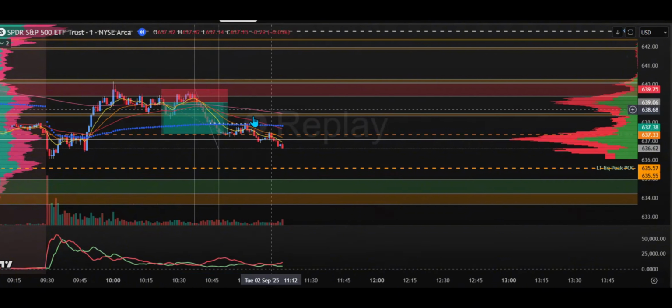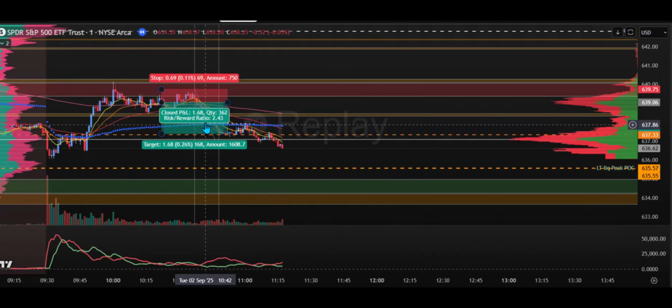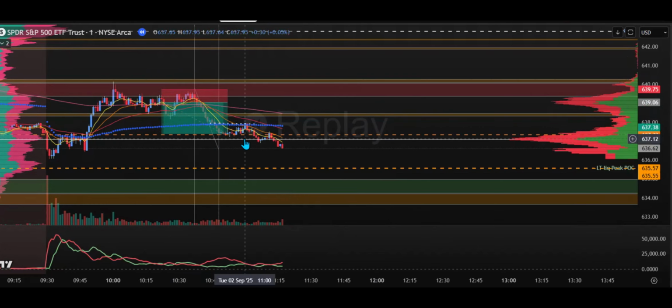So these push-ups were literally just testing these point of control zones from the downtrend. Same thing for here. If you took this one from here to here, the point of control would be right here.